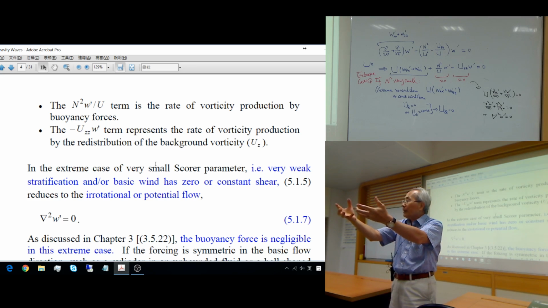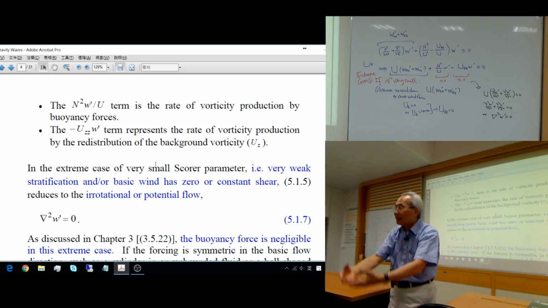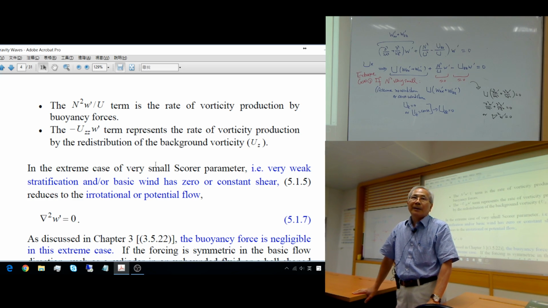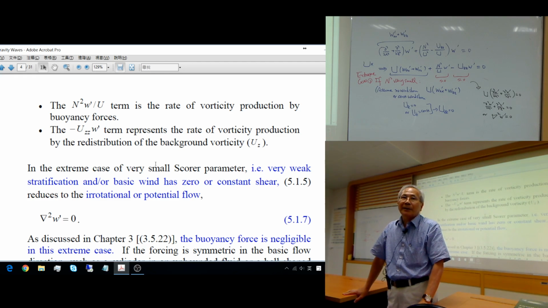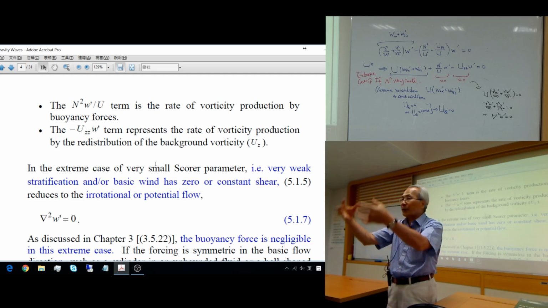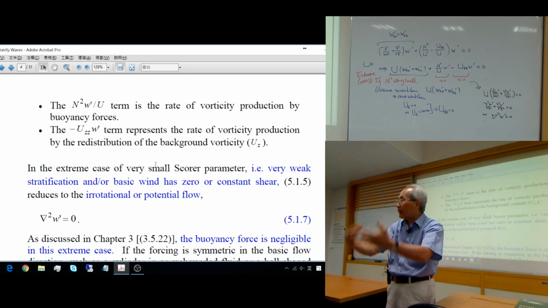So then you don't have the restoring force. So you don't have buoyancy force. You don't have any force to bring it back. That's called restoring force. So then you don't have waves generated.